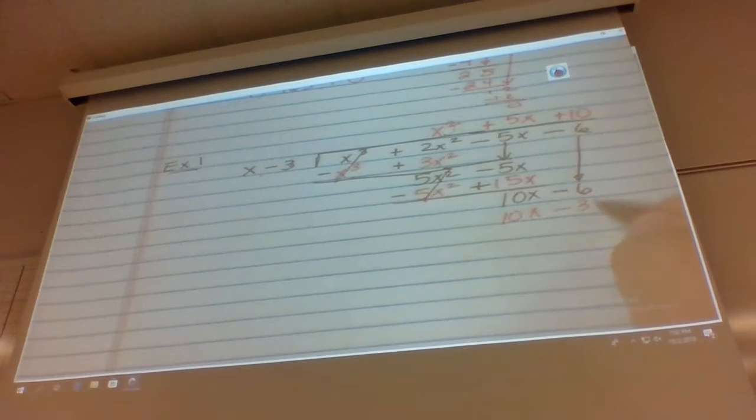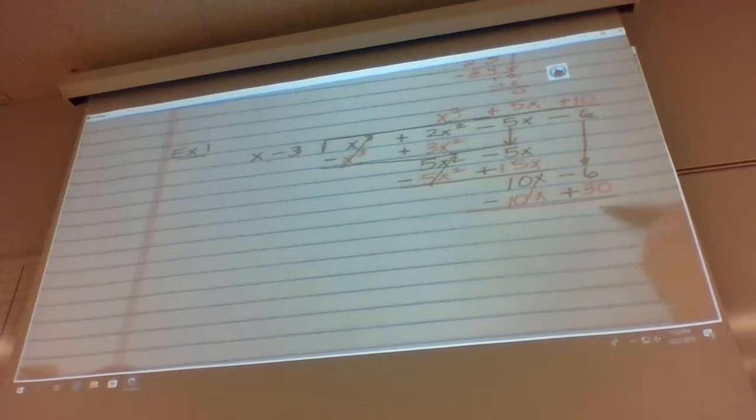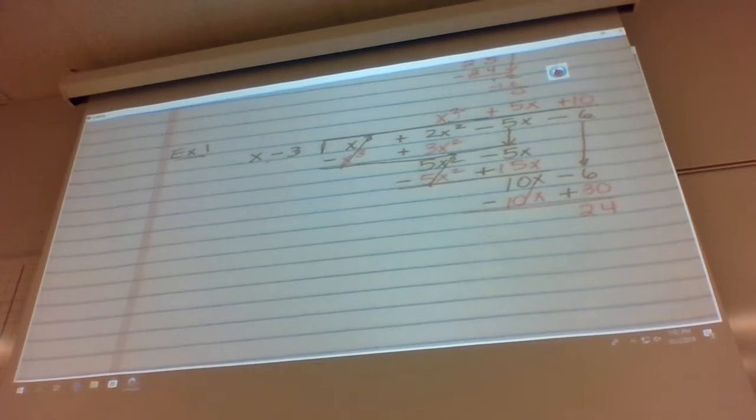This becomes a minus, this becomes a plus. Crosses out. -20 plus -6... positive 24, no, -6 minus -30 gives positive 24. So if I had to write out my answer, that's your remainder. That is my remainder, that is correct.